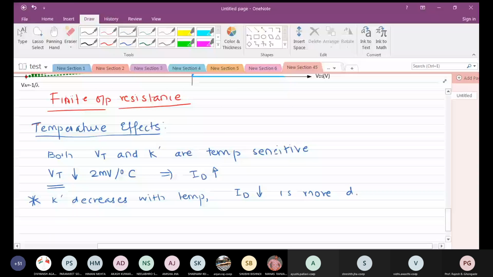What do you mean by it is more dominant? That its effect is more. So overall, if temperature increases, what will happen to drain current?